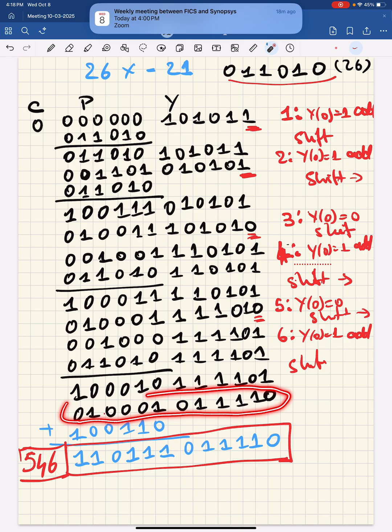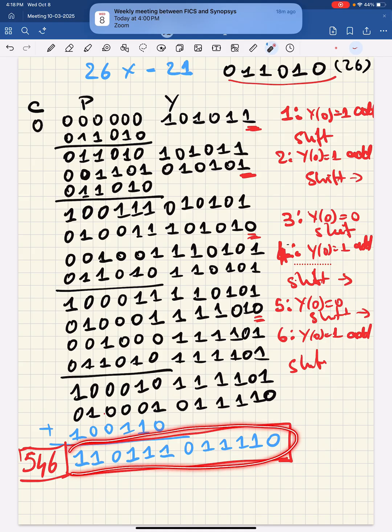In order for us to get the final result correctly, we'll have to correct by adding 2 to the 6 multiplied by the value of the x. X was our multiplicand, and that corresponds to shifting the x 6 positions to the left and then subtracting that from this value. Subtracting means adding the 2's complement, and then the final result we got was this here, and this here corresponds to the number 546.